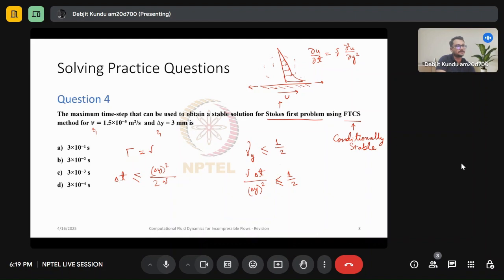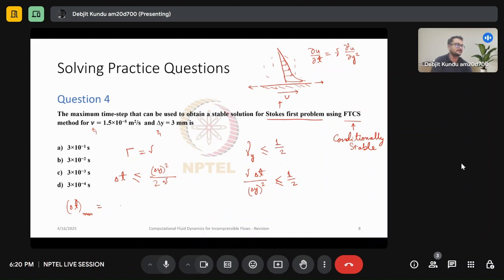So since it has to be less than or equal to this, the maximum value would be exactly equal to this. So delta t max would be equal to this number over here.